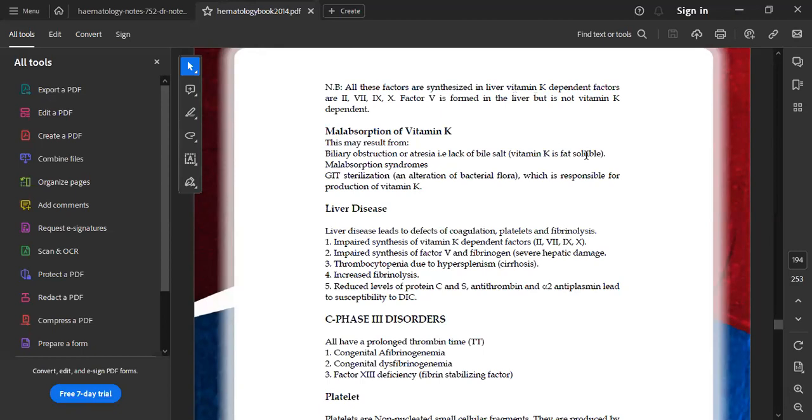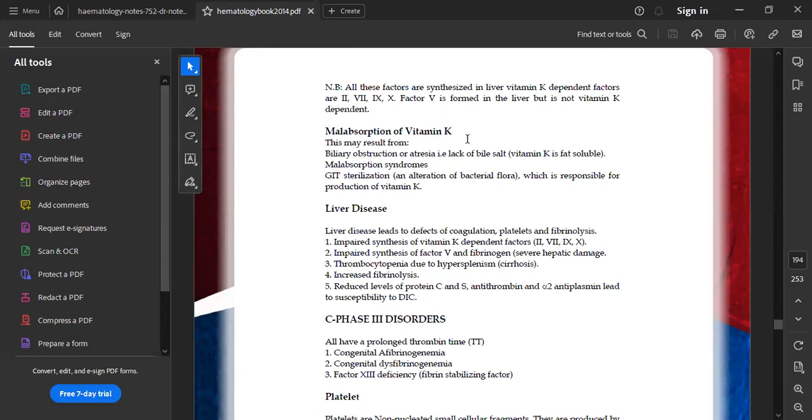Vitamin K is a fat-soluble vitamin. You remember the fat-soluble vitamins are A, D, E, and K. So any condition that affects the body's ability to metabolize fat, like biliary obstruction, can reduce vitamin K, because bile is what enables fats to be broken down and absorbed.